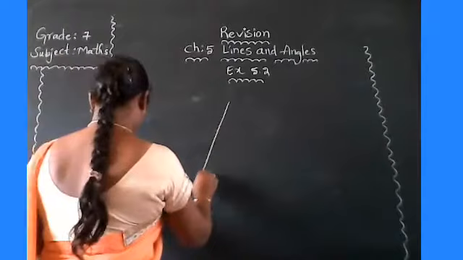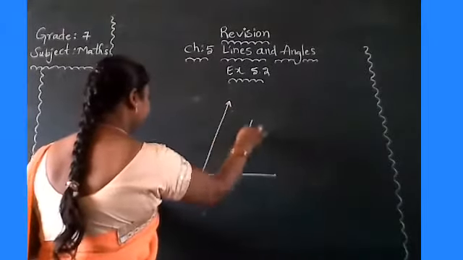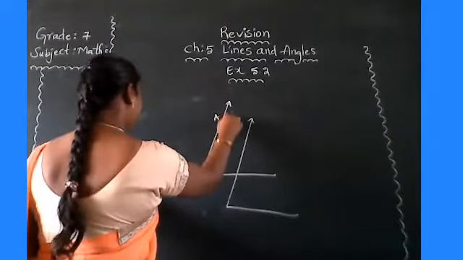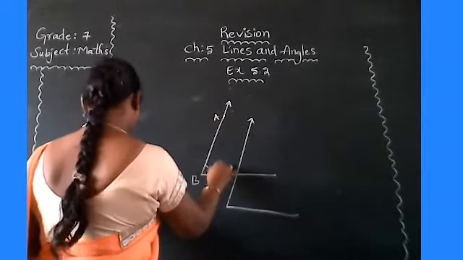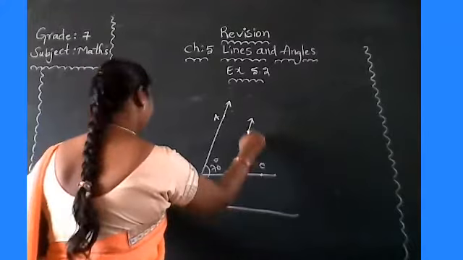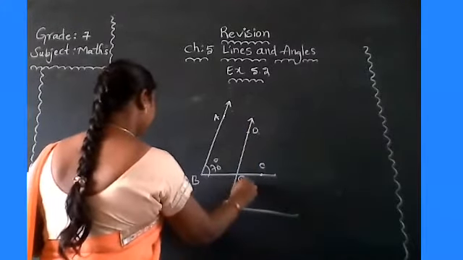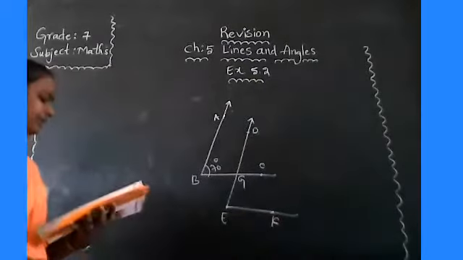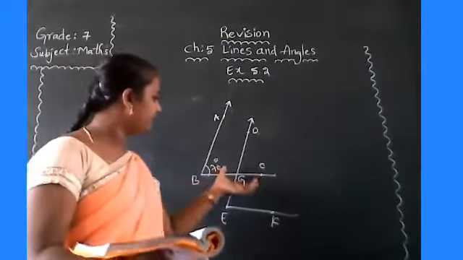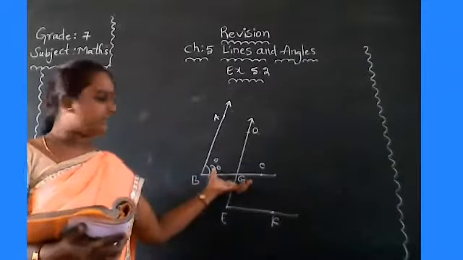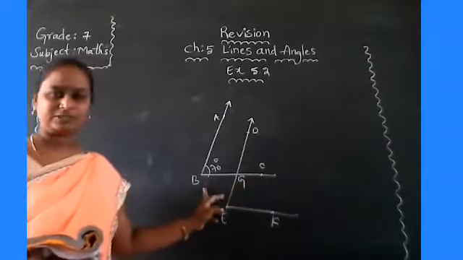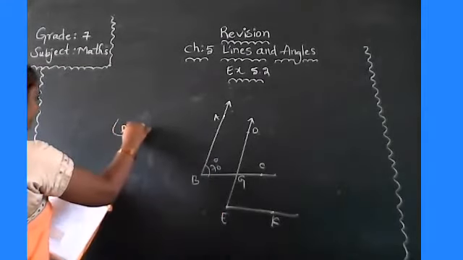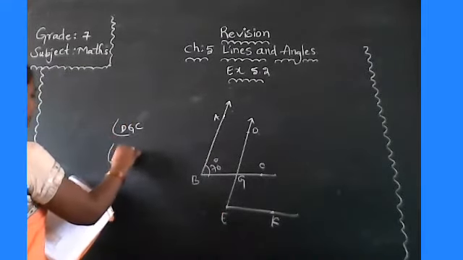Here the figure is given, with angle ABC 70 degrees, and the points C, D, G, E, F. In the given figure, the arms of the two angles are parallel. If angle ABC is equal to 70 degrees, then find angle DGC and angle DEF.